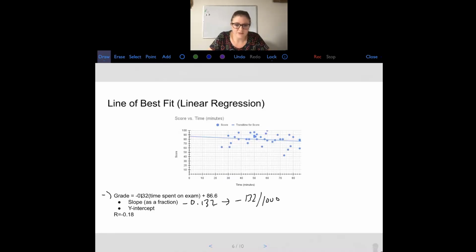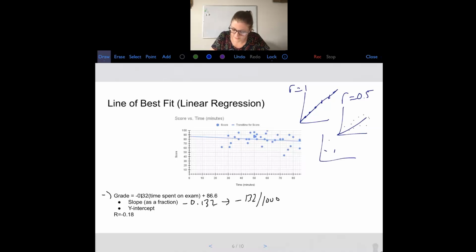And then r is equal to negative 0.18. And r is just something, you won't necessarily have to know it. It's just something interesting. It's called the correlation coefficient. So for instance, if r is equal to 1, it means that all of our data points are perfectly along a straight line. So it's perfect correlation. Or if r is 0.5, we have some around the line.